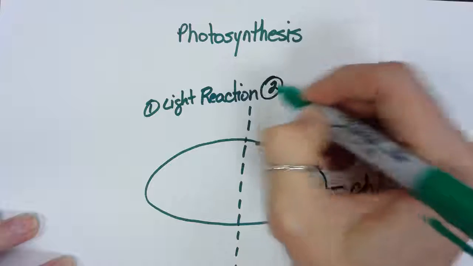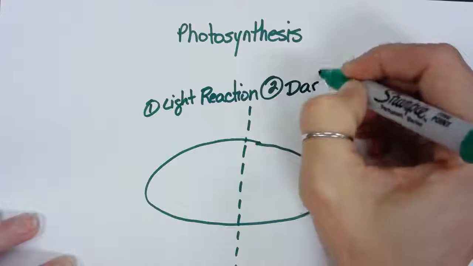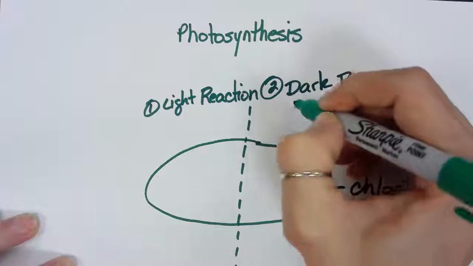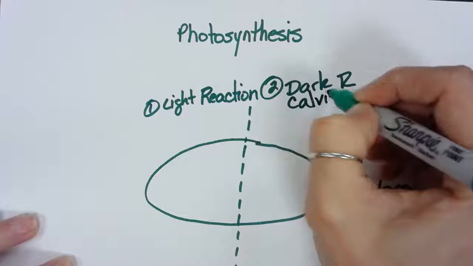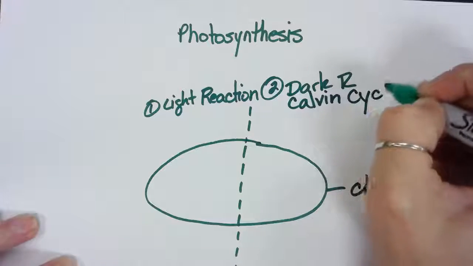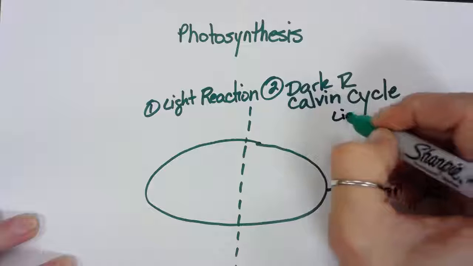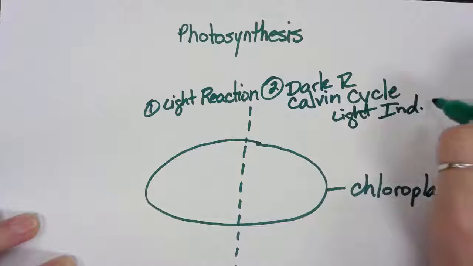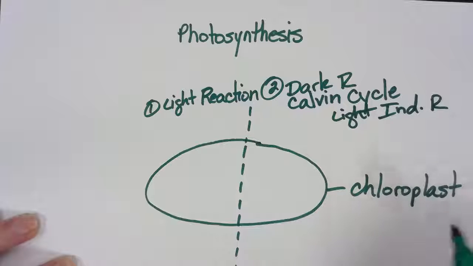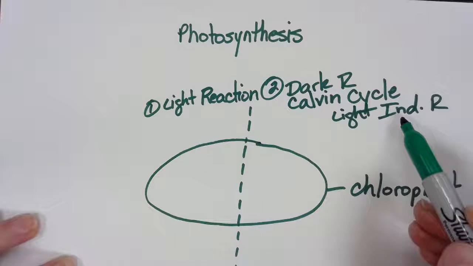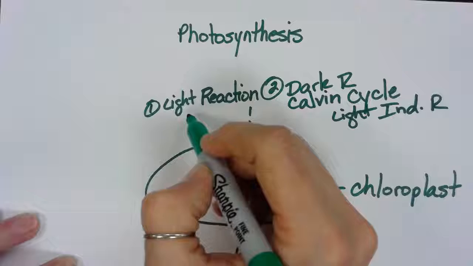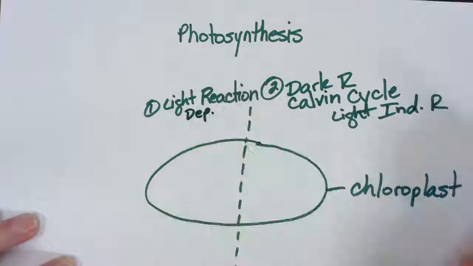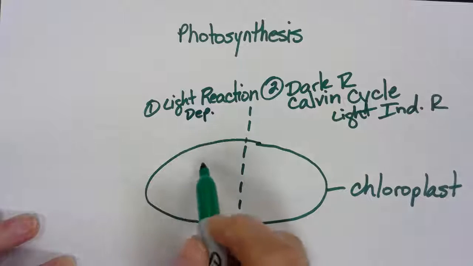The second is going to be the dark reaction, or the Calvin cycle, or even the light independent reaction. And on the flip side of that, if you have a light independent, means it does not need light, then you are going to have a light dependent reaction. Okay, everyone good with that? Now we are going on.